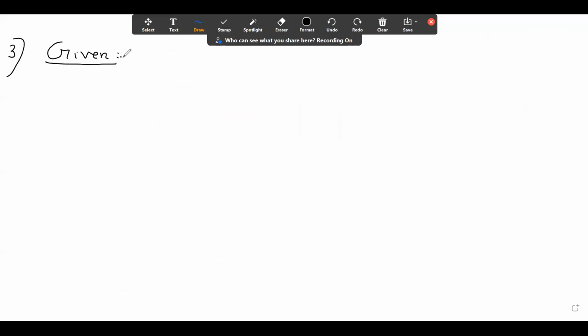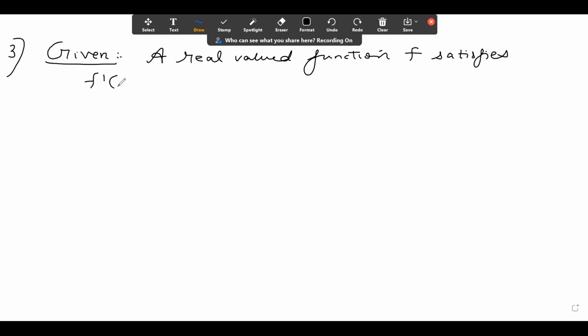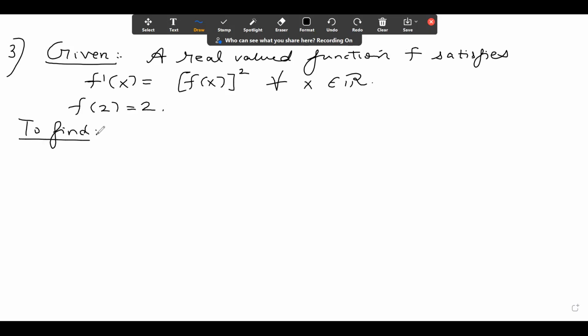In question number 3, we are given that a real valued function f satisfies f dash x is equal to f of x whole squared, for all x belonging to real numbers. And we are also given that f of 2 is equal to 2. What do we need to find out? We need to find out f of -2.